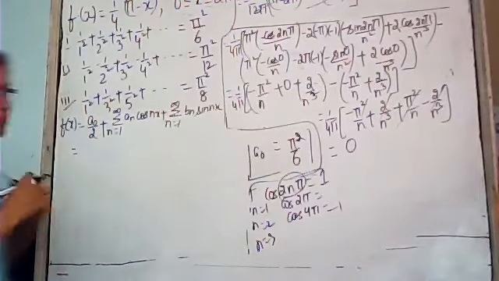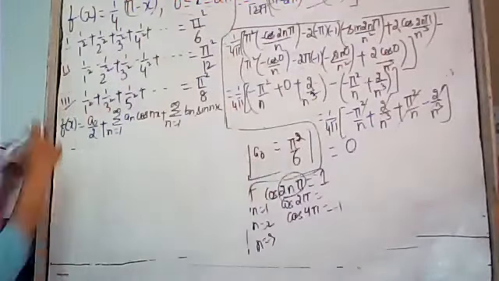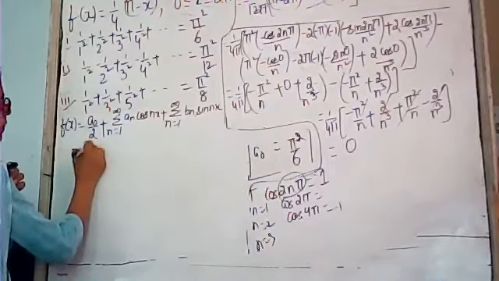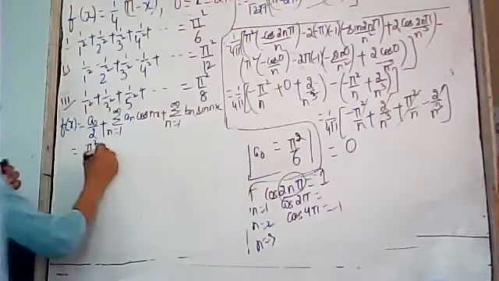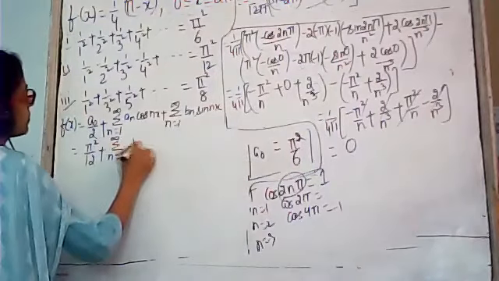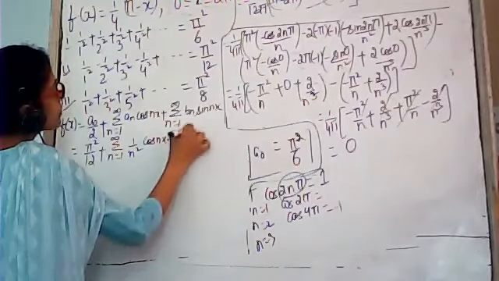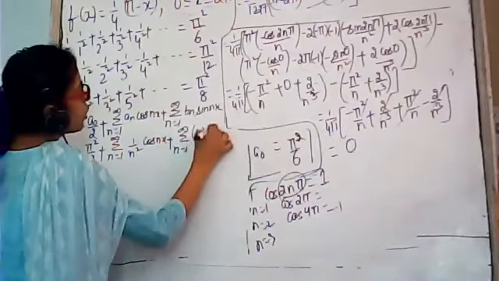This is equal to, the value of A0 was pi square by 6, and 6 into 2 is 12, plus summation n varies from 1 to infinity, the value of An was 1 upon n square cos nx, plus summation n varies from 1 to infinity, the value of Bn was 0 into sin nx.